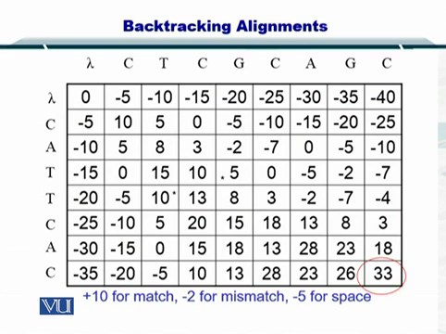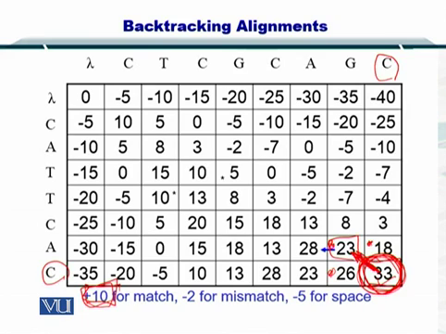Starting from 33, you select which position, the top, the diagonal, or the left, contributed towards calculating 33. C would have matched with a C, and the match was plus 10. So 23 plus 10 would give you 33. So we take this traceback.